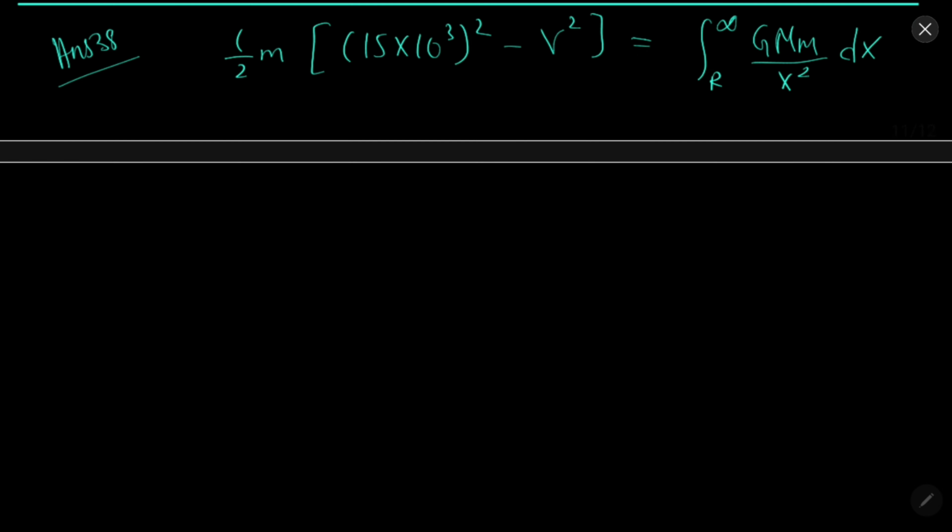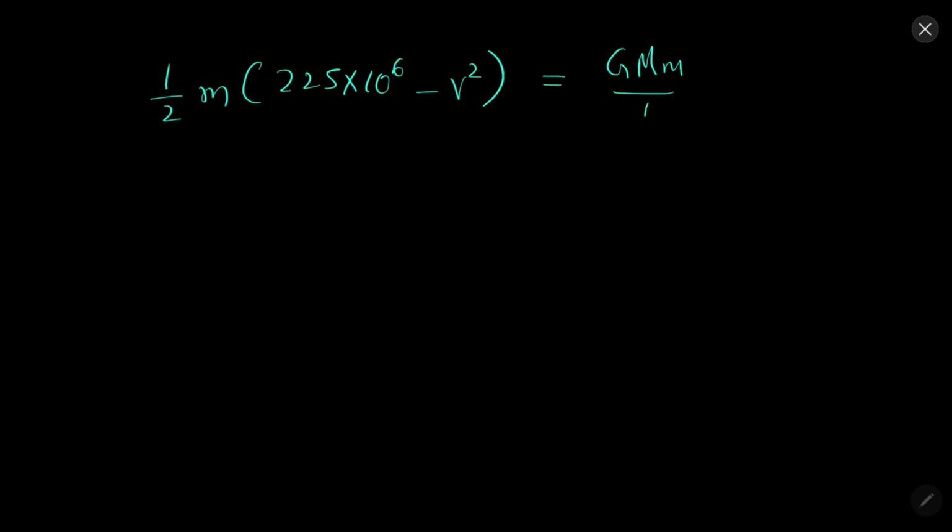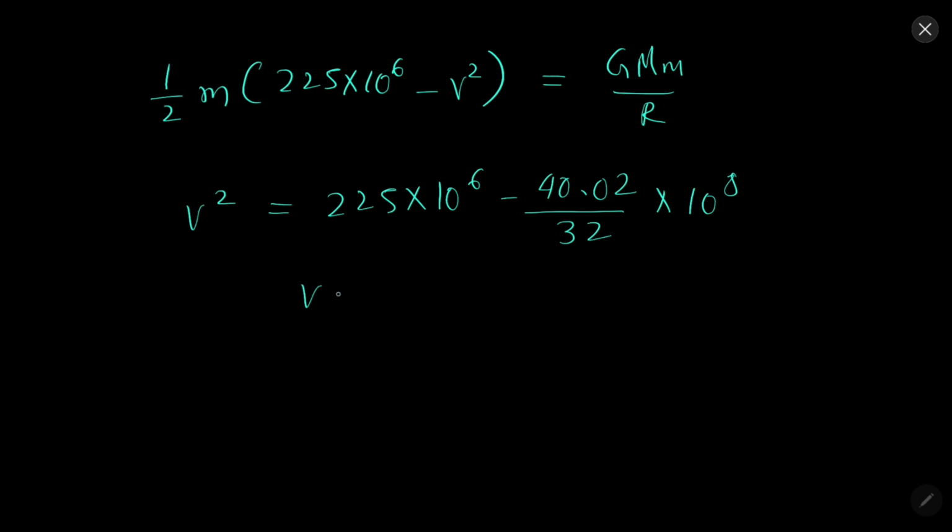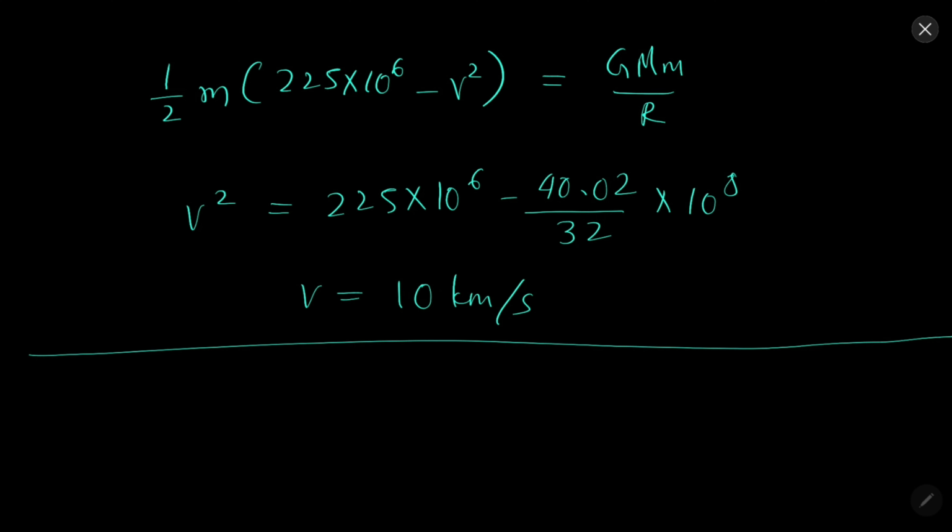So from here, when we solve this, we will get half m times 225 into 10 to the power 6 minus v square equals GMm over r, and v square will come out to be 225 into 10 to the power 6 minus 40.02 over 32 into 10 to the power 8. So v will be approximately 10 kilometers per second after solving this.